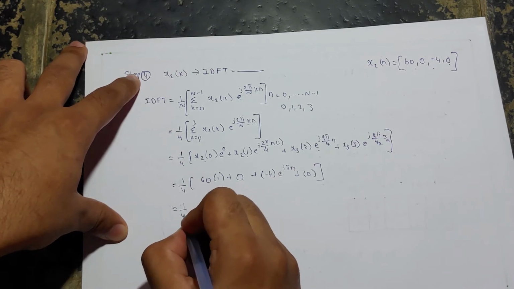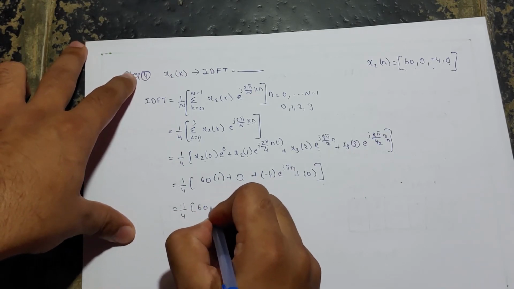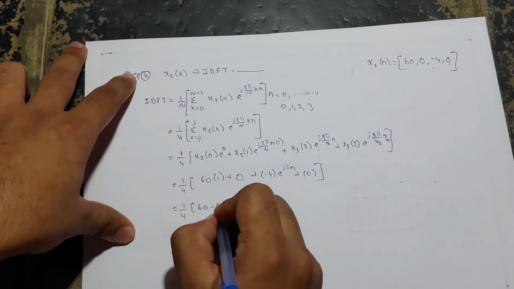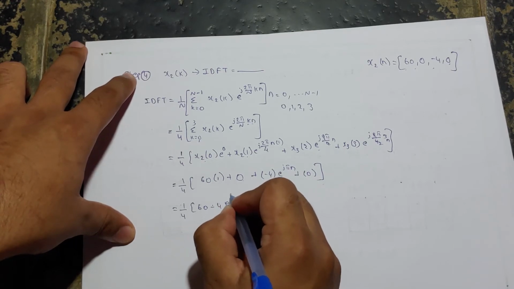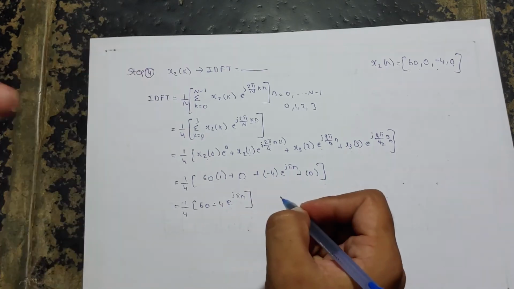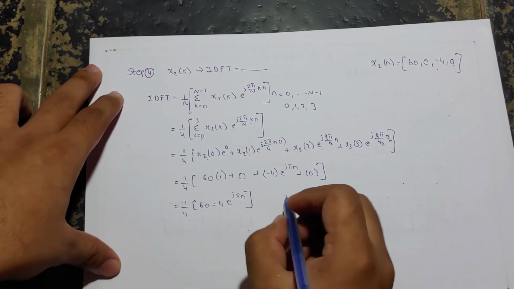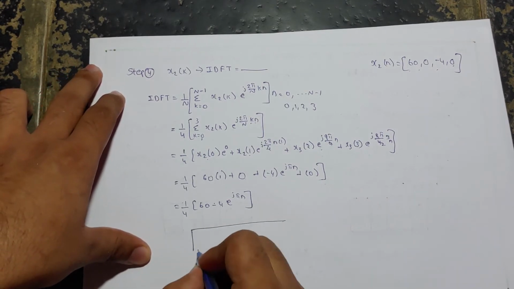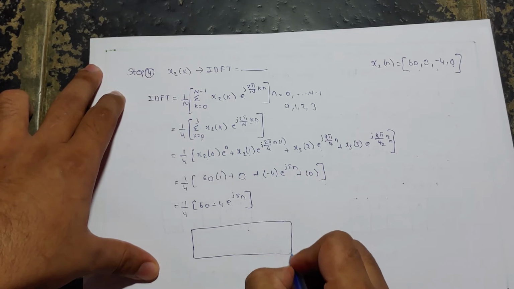So we will end up with 1 by 4 times 60 plus minus 4 into e power of j pi n. Now we have to apply the values of n from 0, 1, 2 and 3.